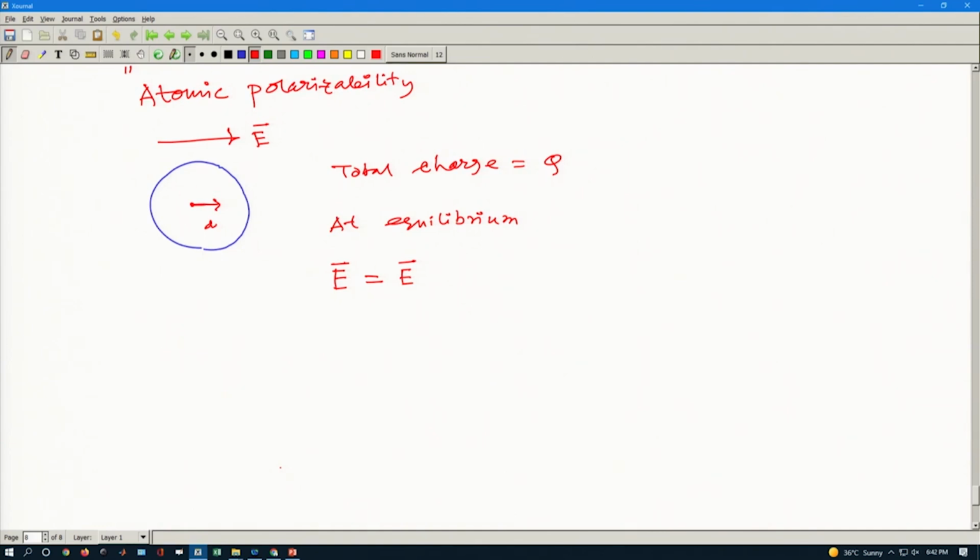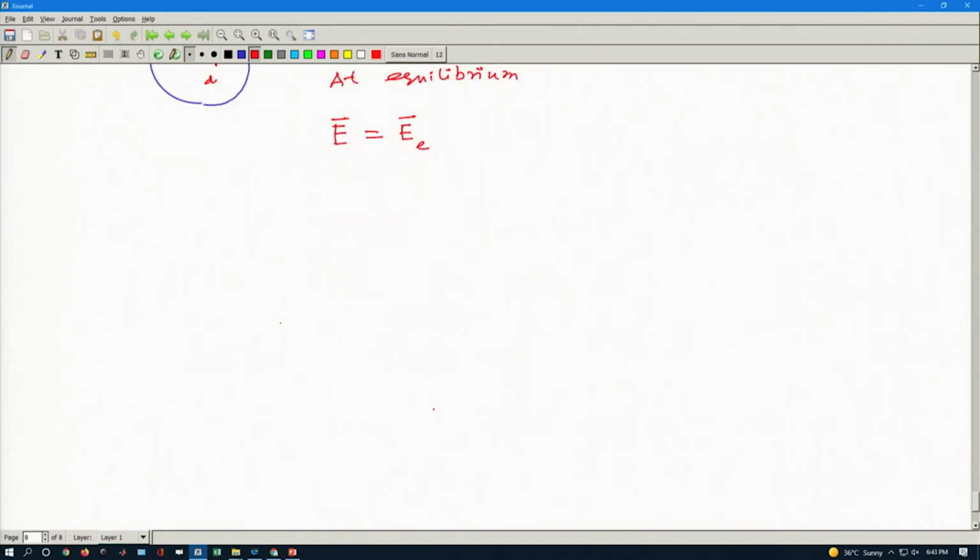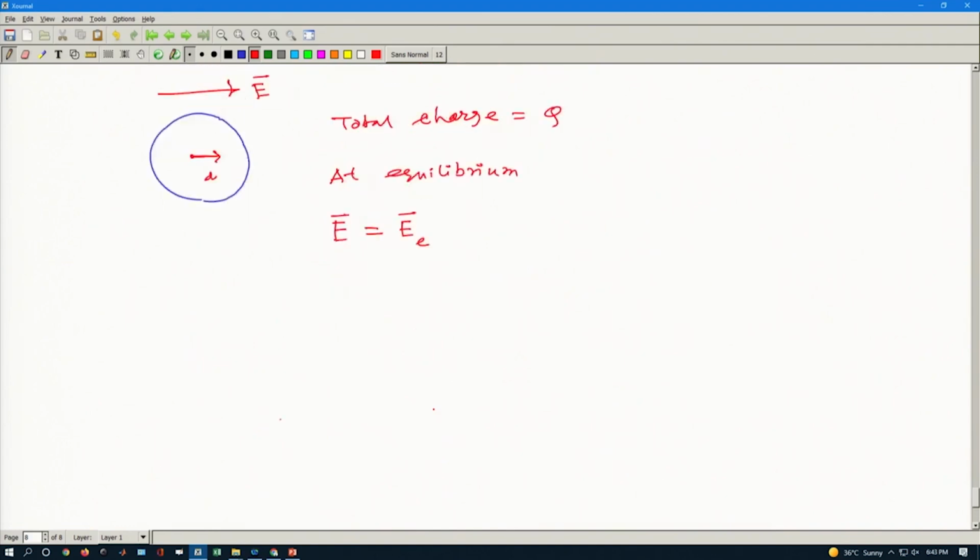This electron cloud should produce some electric field here, and these two should be equal. Now we will use the straightforward form: whatever field it produces here at D, I need to calculate when we have the total charge.